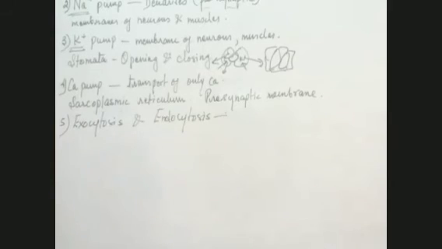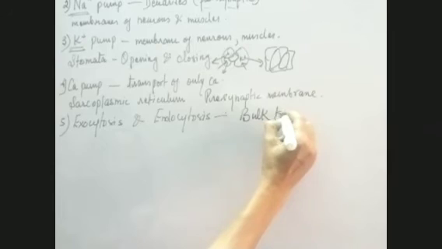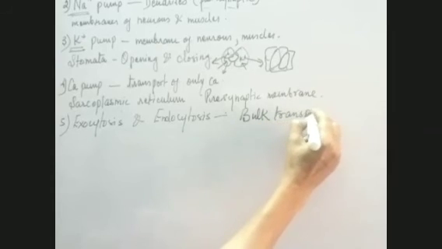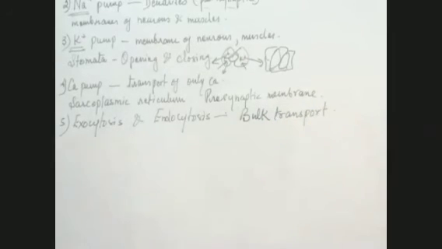Exocytosis and endocytosis is also known as bulk transport. Why is this known as bulk transport? Because a lot of substance is taken in or given out at the same time. Energy in the form of ATP is utilized.